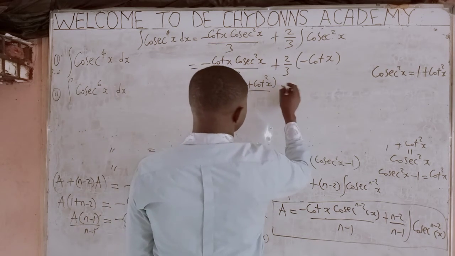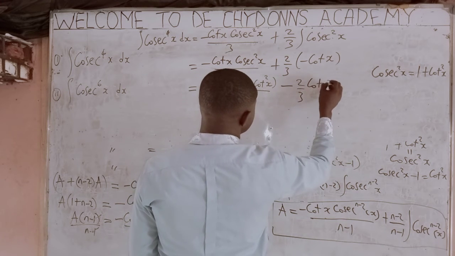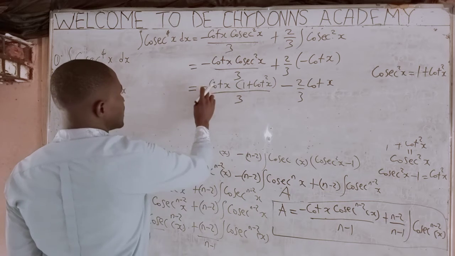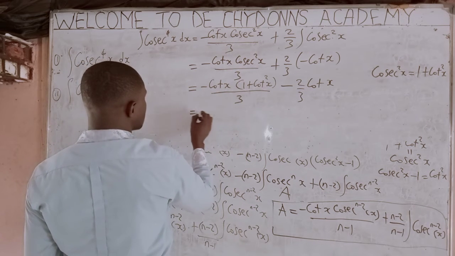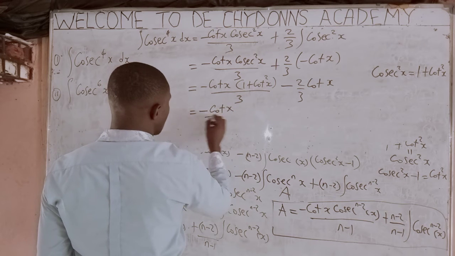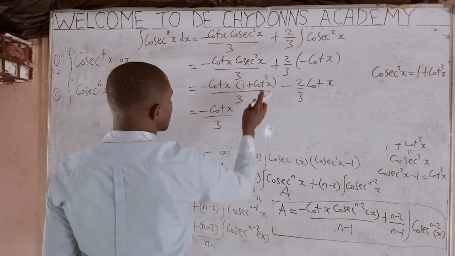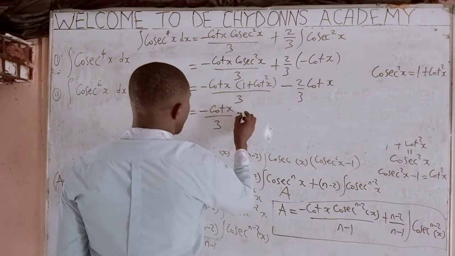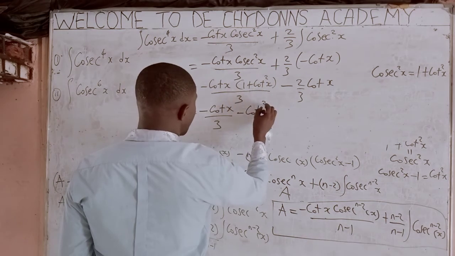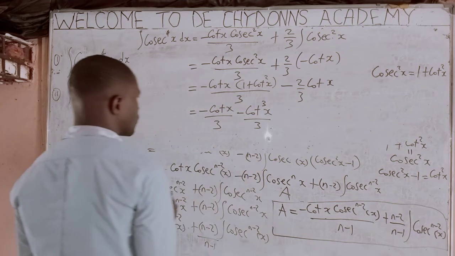Then this is minus 2 over 3 cot x. So this times this will be giving us minus cot x over 3. This times this will be giving us minus cot raised to power 3 x all over 3.